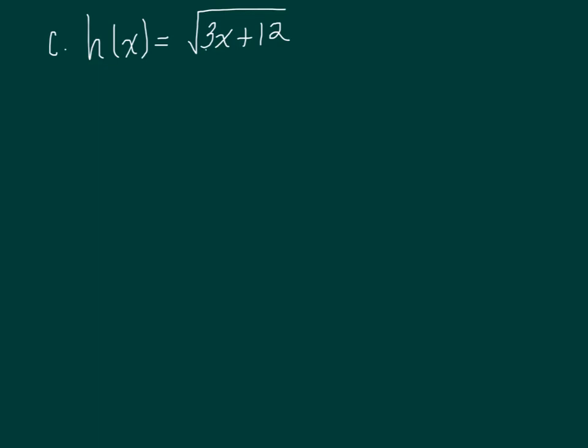So we're going to take this part here, and we know we have to be greater than or equal to 0 because it has to be non-negative. So that's why we're doing that.